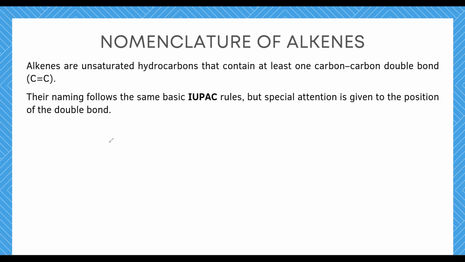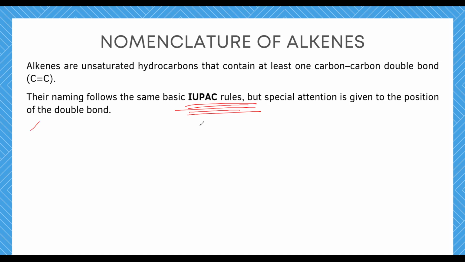So, in today's class, we're going to be seeing how to name alkenes. Alkenes are unsaturated hydrocarbons that have at least one double bond in their structure. So we're going to be seeing what they are, what they mean, and how to name them. Their naming follows the same IUPAC rules. You remember the rules we saw in our previous class, is that correct?